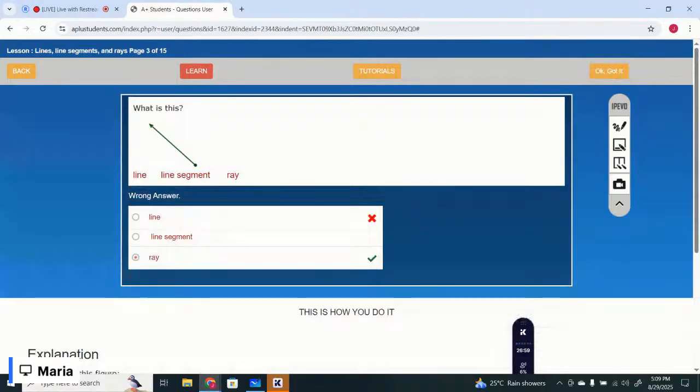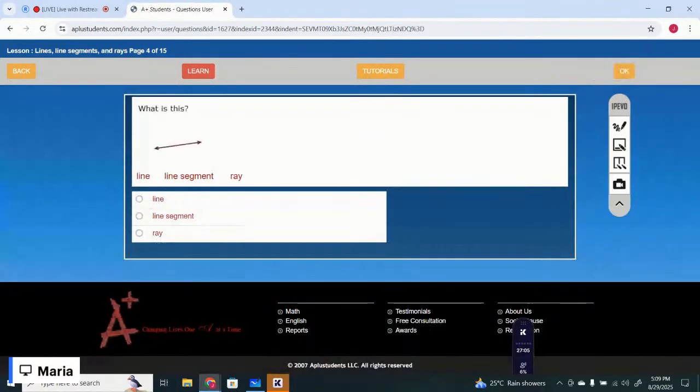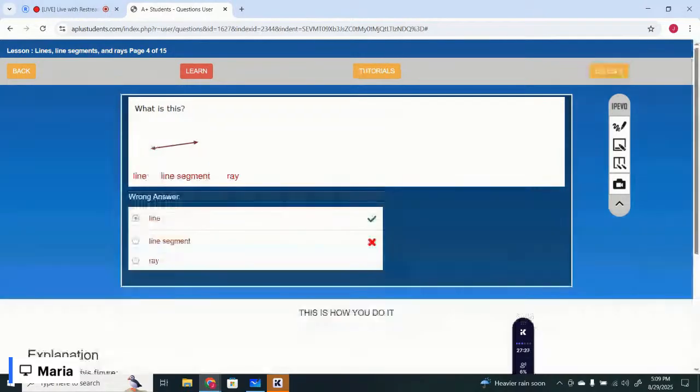Ray it is. What is this? That is a line segment. Line it is.